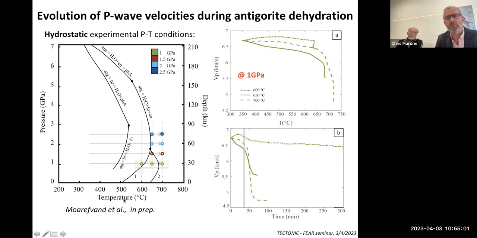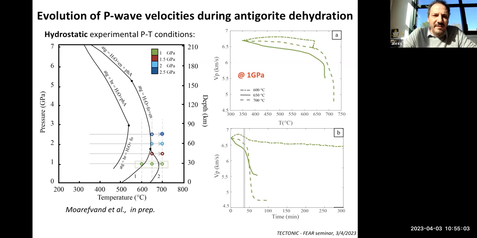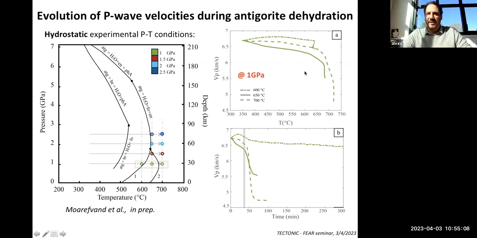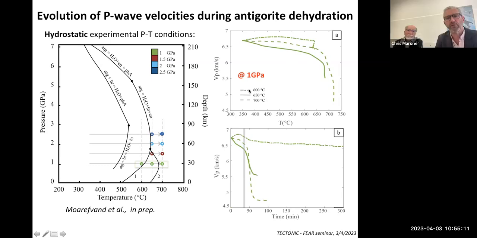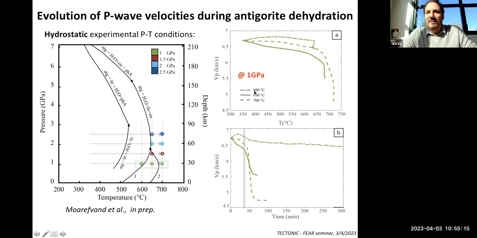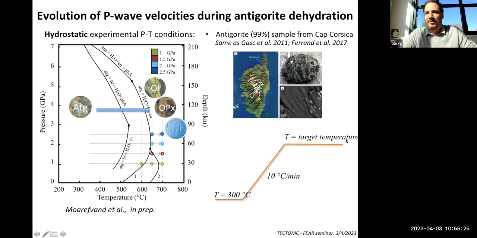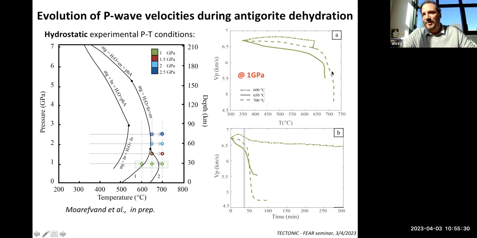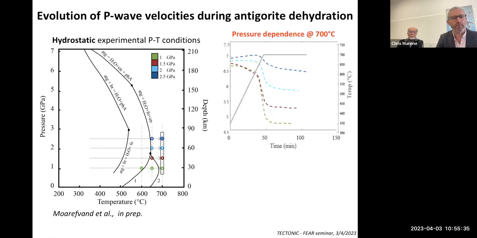Yes, so this is the target temperature. We stopped at 600 degrees, we stopped at 650. We increase the temperature until we reach the plateau, so this is the target temperature. I see, okay, thanks. So as we increase the target temperature, the wave velocity drop becomes bigger and bigger. Got it. Okay. Thank you.